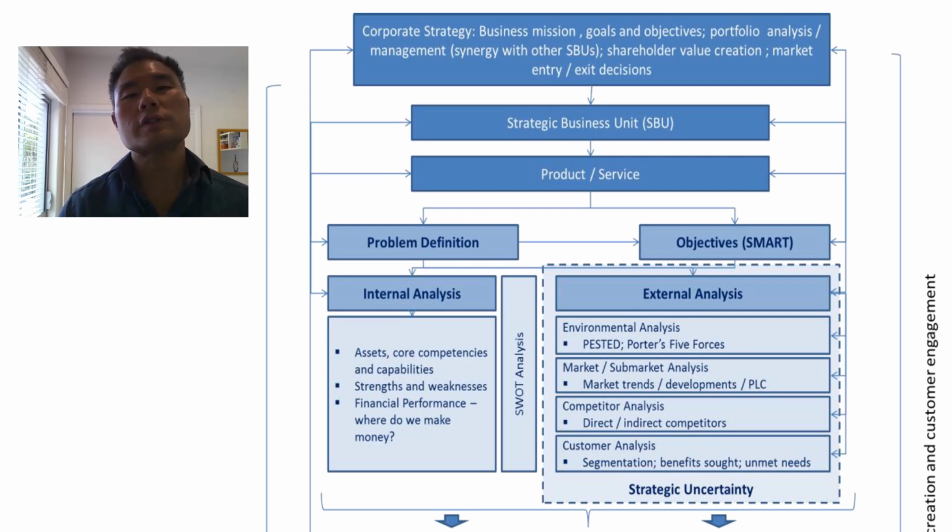Now, one important question I do get is, when we do this external analysis, do we do it like a general external analysis of just business and society in general, or about the sector in general, or should it be an external analysis that's more specific to the case company and its particular positioning within its sector?